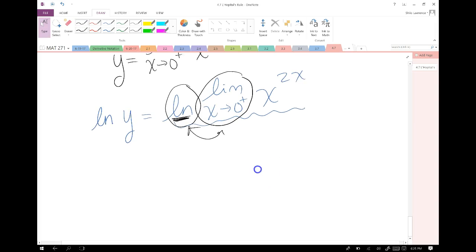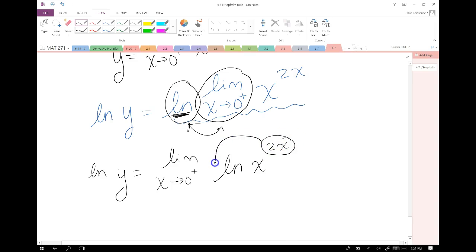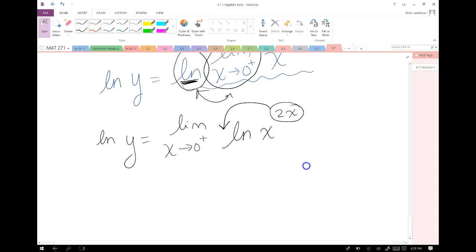So I am going to switch them and have my limit as the front of the right-hand side. And now I have a log with an exponent inside, and I can use properties of logs to move the exponent to the front.